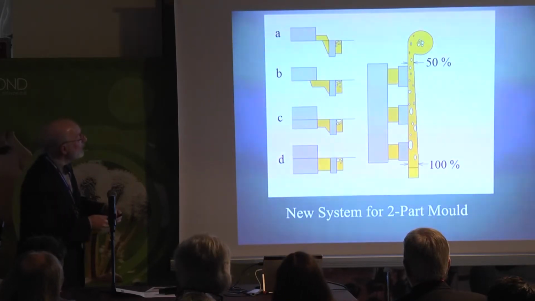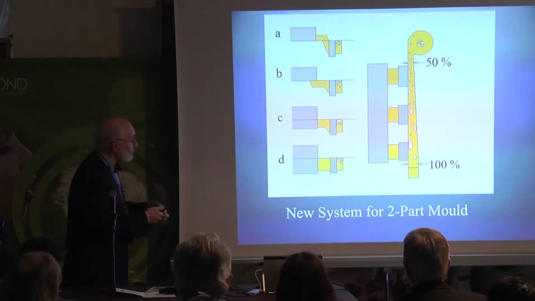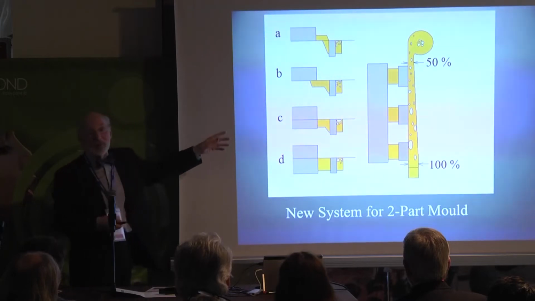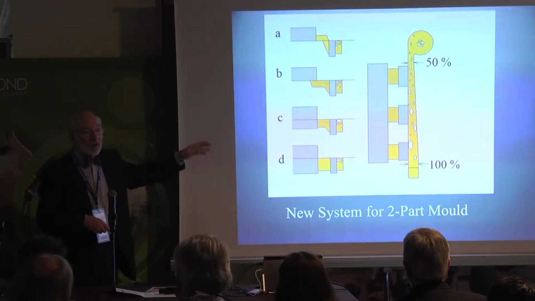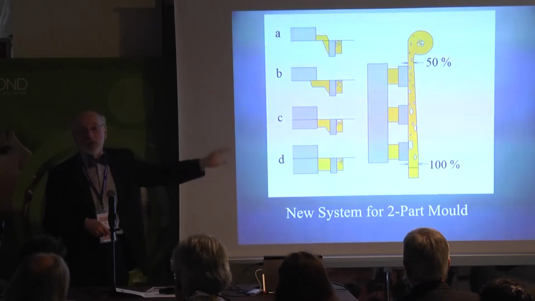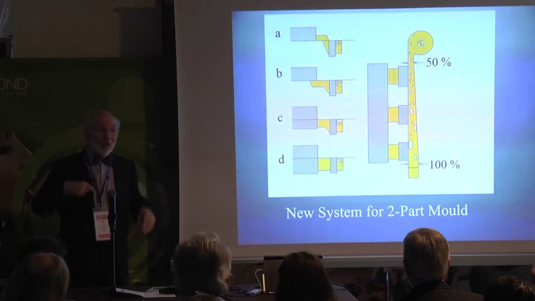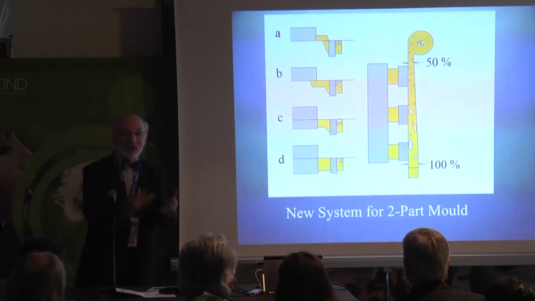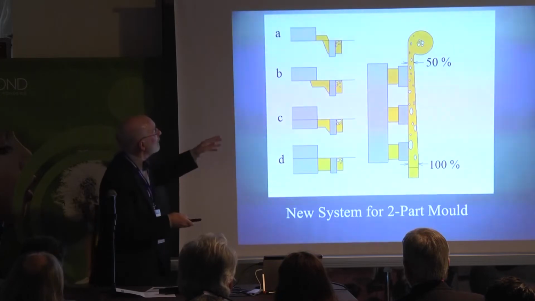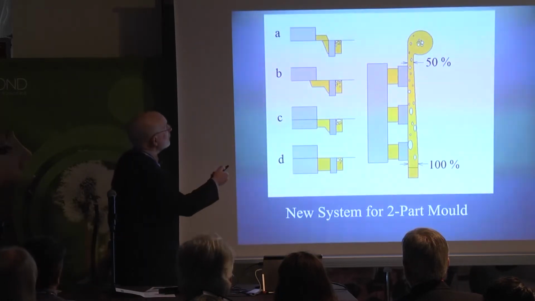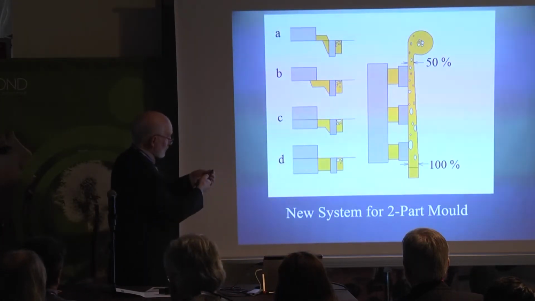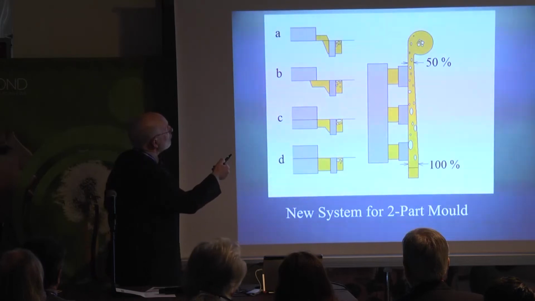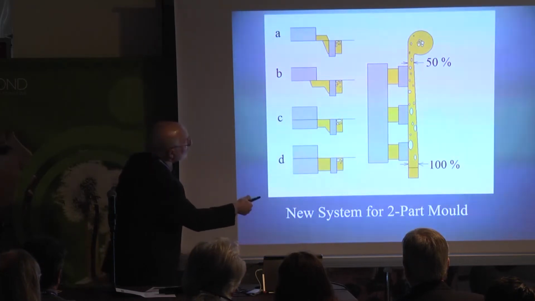Here we are. Here are our systems. For the first time in my history, I can now put a good running system onto a 2-part mold. All my previous running systems had to be 3-part molds, had to come under the mold to come up. For the first time, I can do it just on a, here's our runner, which is this thing along here.